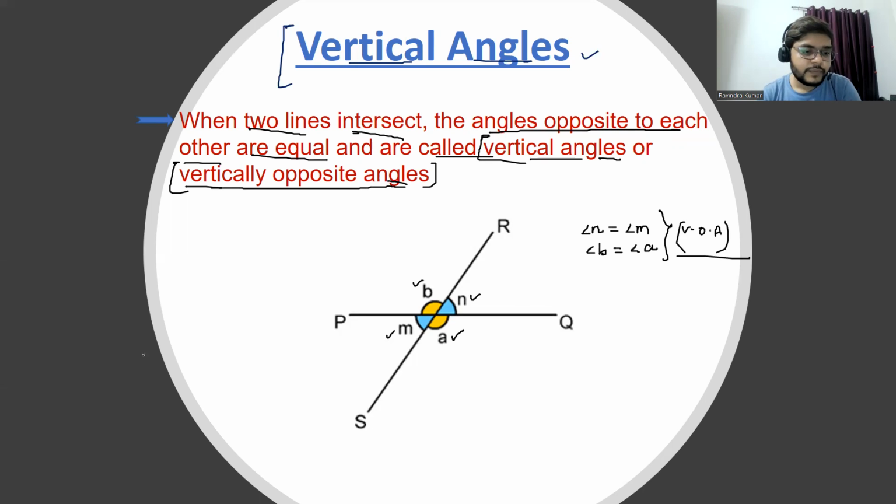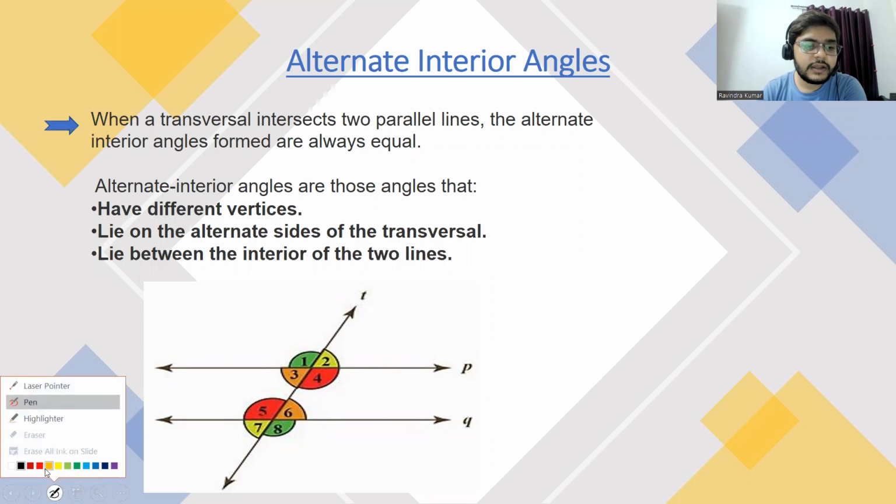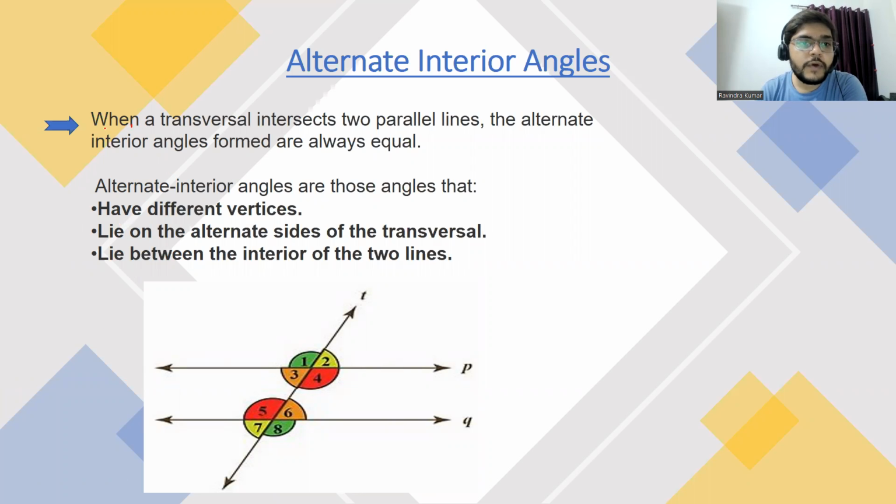Great. Now let's move ahead to the next one, which is alternate interior angles, right? So what is meant by alternate interior angles, and how are they formed? When a transversal, you know what a transversal is, we already discussed, intersects two parallel lines, the alternate interior angles formed are always equal.